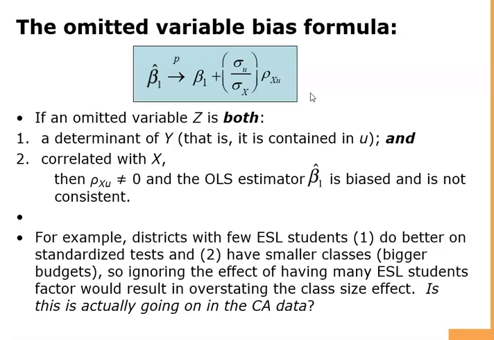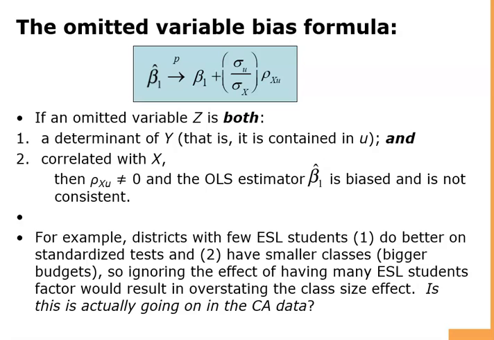Let's look at this correlation coefficient over here, which is the correlation between x and u. This correlation between the student-teacher ratio and the percentage of ESL students will actually be a positive one. Why will this be positive? Because when there's a higher percentage of ESL students in a school district, they will also have a higher student-teacher ratio.